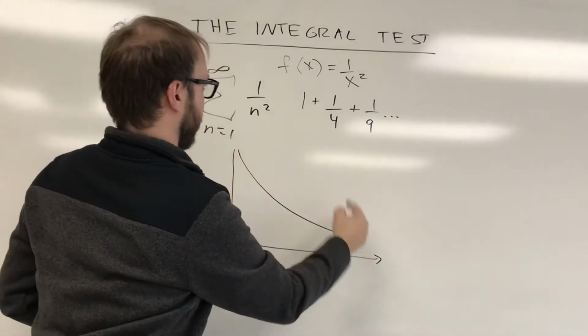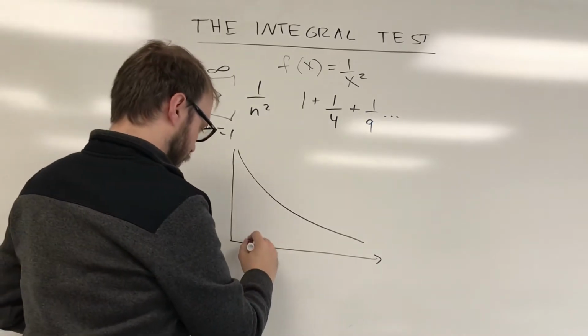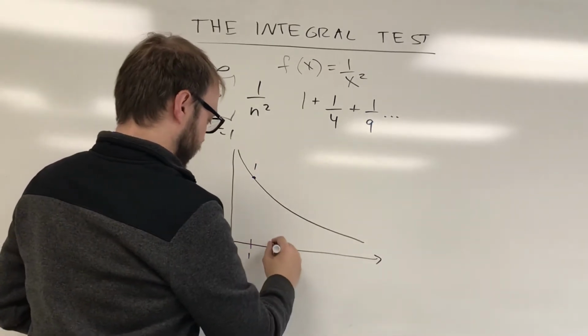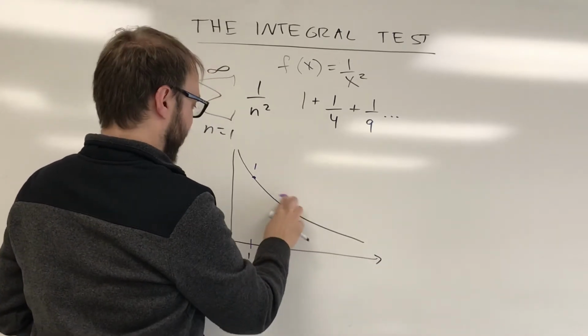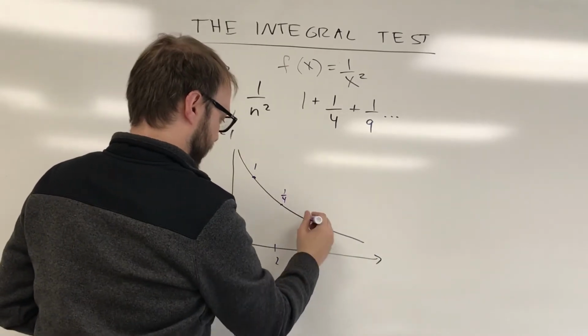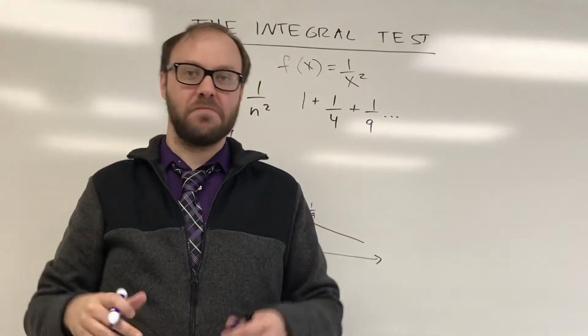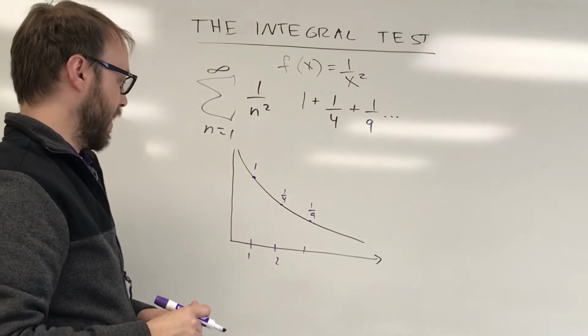This is function f of x, 1 over x squared, okay? And so, for example, at 1, the function value is equal to 1. I'm just going to write a 1 there. At 2, the function is equal to 1/4, the second term, okay? At 3, the function is equal to 1/9. And you can see it's dropping off really rapidly. It kind of implies maybe this will have some kind of a sum.